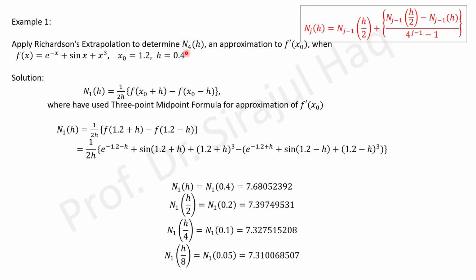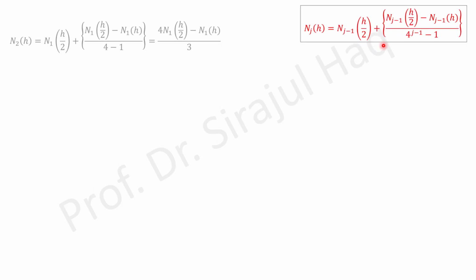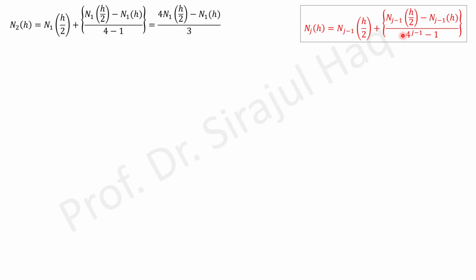If you look at this formula, for N4 I need N3 of h and N2 of h. So now let's go for N2 of h. This is the formula which I reproduced, and when I replace j by 2, this will be 4 raised to the power 2 minus 1, which is 3. You can see 3 there. With j equal to 2, it is N1 of h divided by 2 plus N1 of h divided by 2 minus N1 of h, divided by 3.